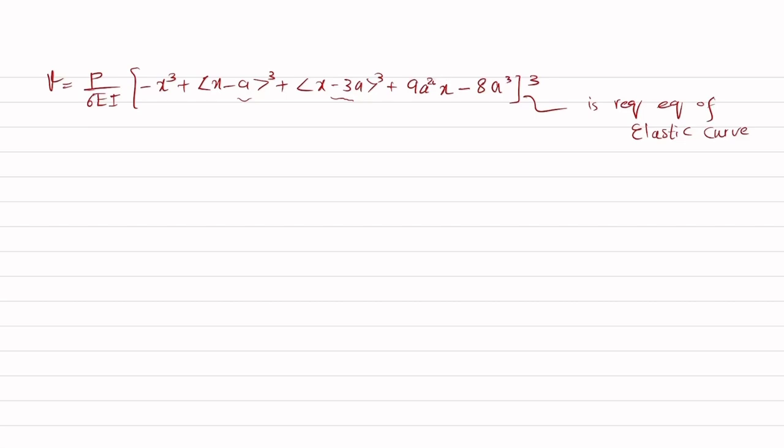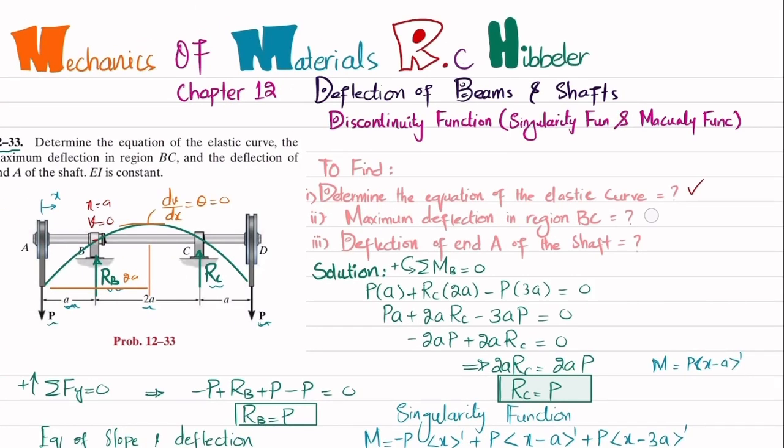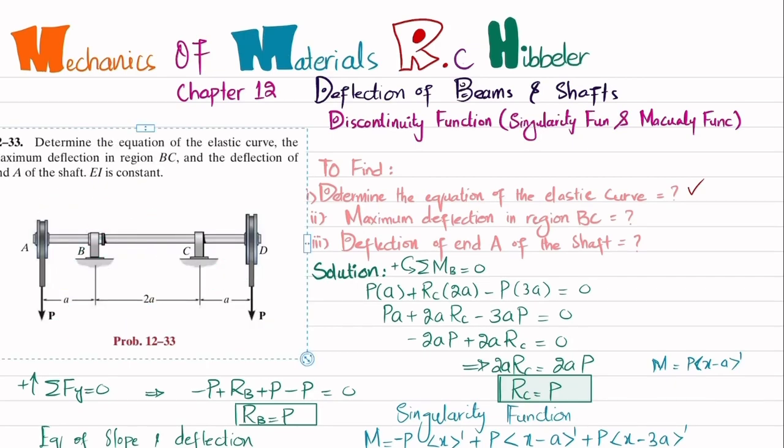Now in the second part, it is being asked to find the maximum deflection in region BC. So at BC, it means that x is equal to 2a.